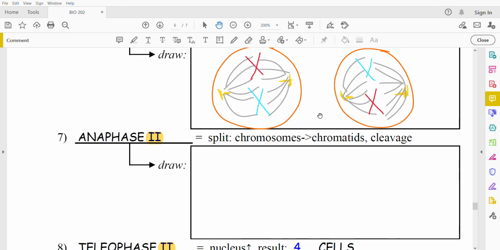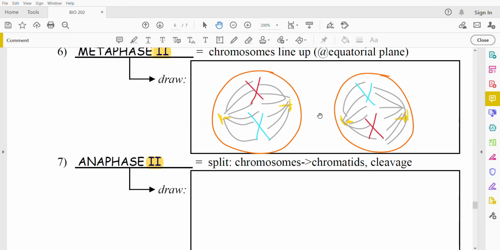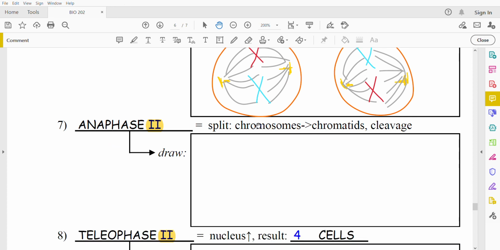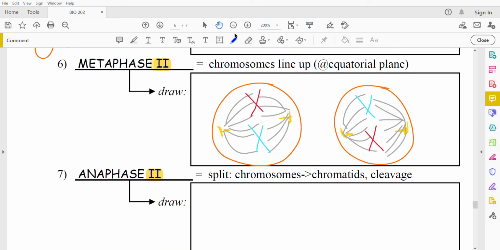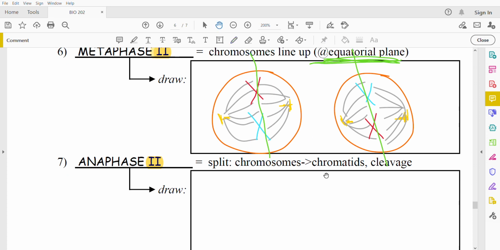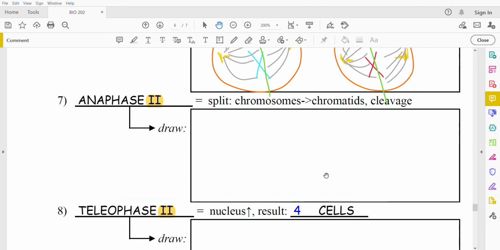And then we move on from metaphase 2 to anaphase 2. Just as a note, on the metaphase 2, the chromosomes have lined up on the equatorial plane. We've seen this before, but because there are only 2 chromosomes, it might be harder to see it. But notice that they're on an equatorial plane. Now we get to the anaphase 2.